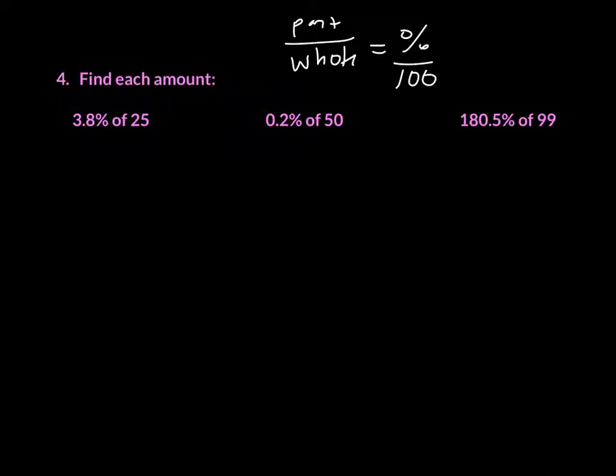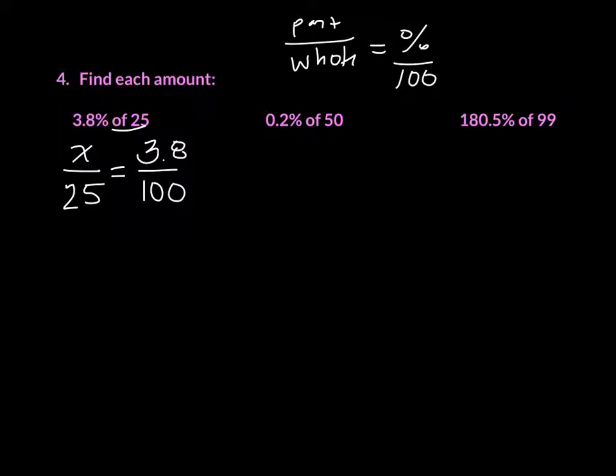So let's look at the first one. It's 3.8% of 25. So here's my proportion. Of goes on the bottom, on the left. That's 25. I've always got 100 down here. 3.8%, well, that's the percent. It's going to go right here. I put an X here. That's what's missing.